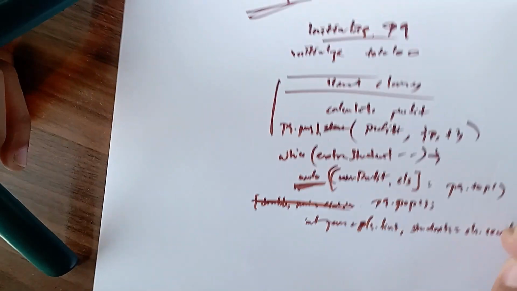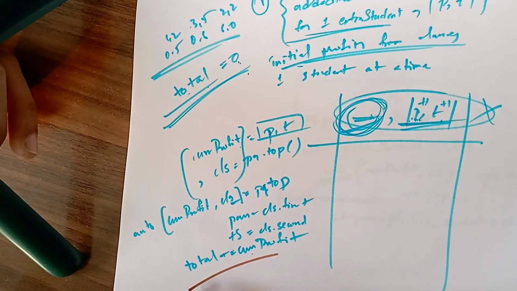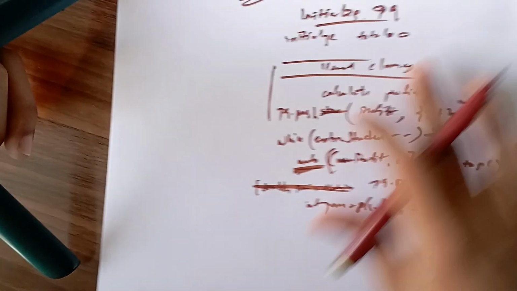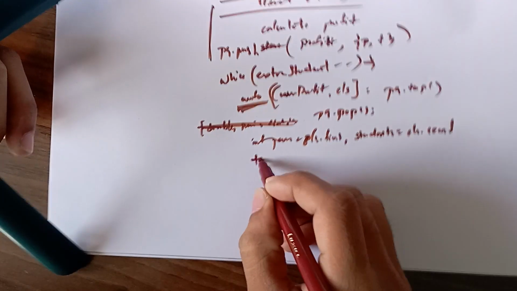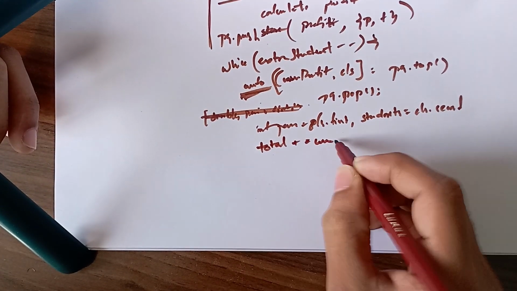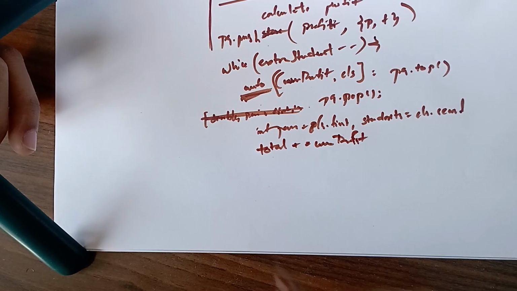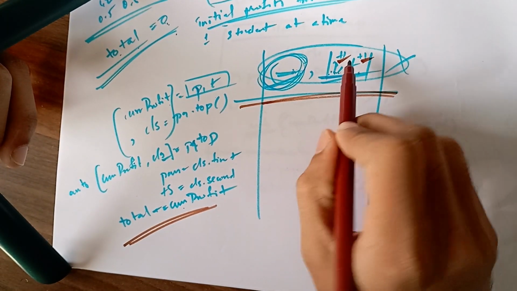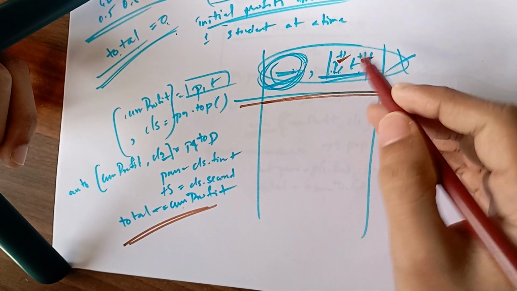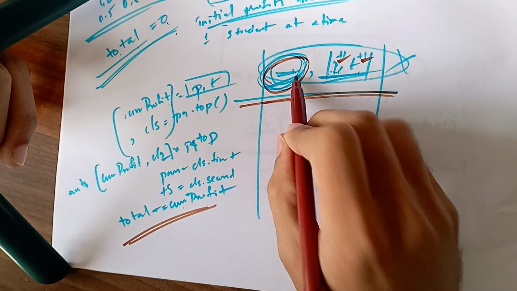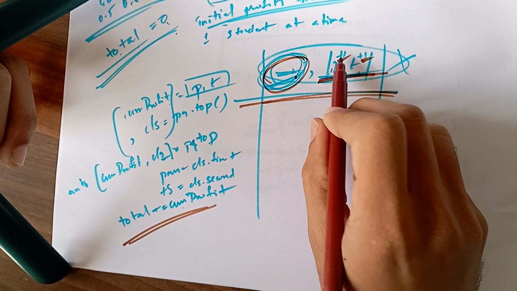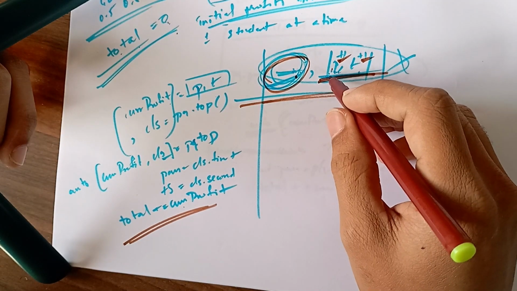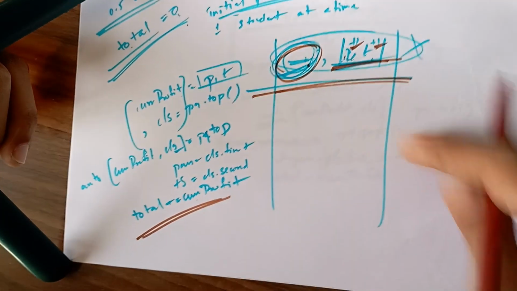And as I have said previously, total will be incremented by the current profit. Now, total plus equal to current profit, and after that, as I have already said, we'll be calculating the profit if I have added one student and storing it in the profit, and also storing p plus 1, that means passing students plus 1 and total students plus 1.